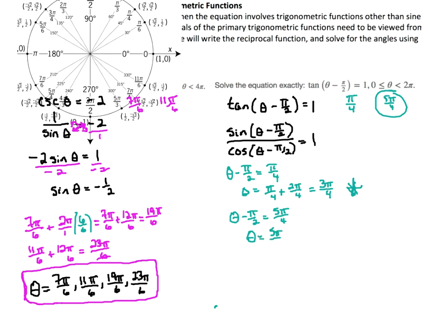So theta equals 5 pi over 4 plus 2 pi over 4, and that happens when theta is 7 pi over 4. So they got a little tricky on us, but it makes us think, so that's good. So our solutions for theta are actually 3 pi over 4 and 7 pi over 4.